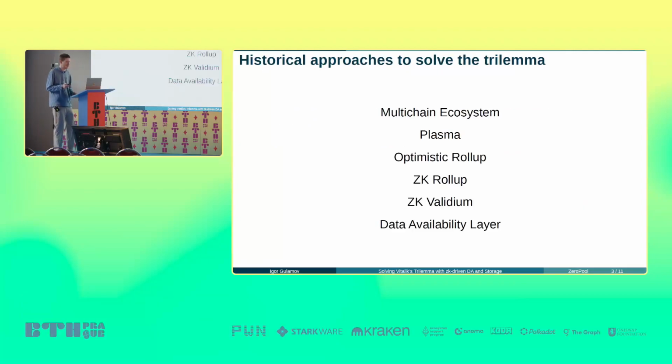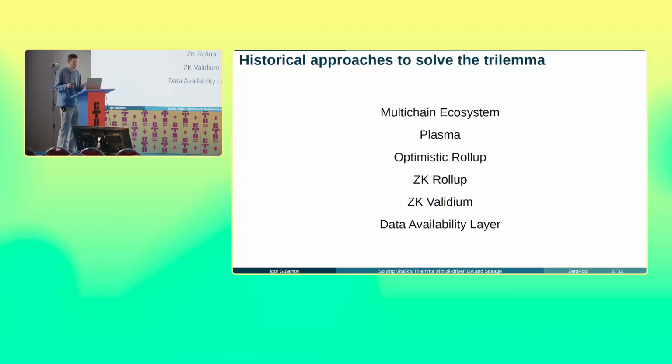The historical review of this solution: the first was the multi-chain ecosystem proposed by Polkadot and Cosmos. The idea is that there is a core engine on which multiple blockchains could be implemented, and these solutions can use this core engine for interchain communications.